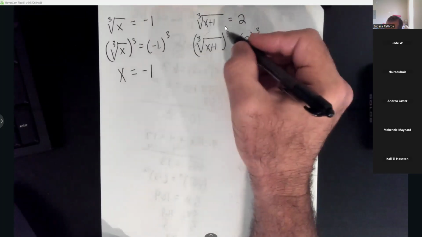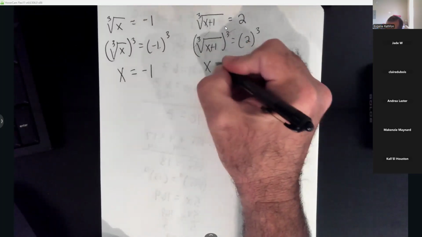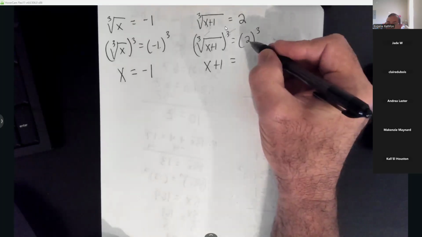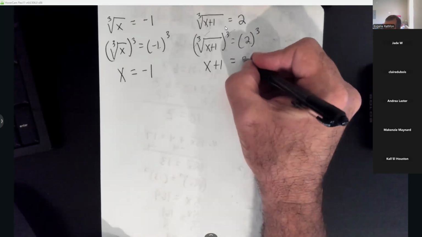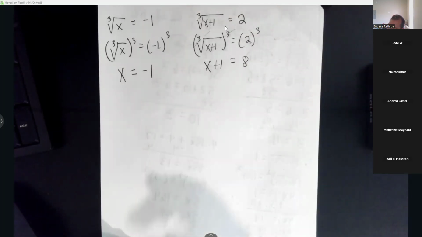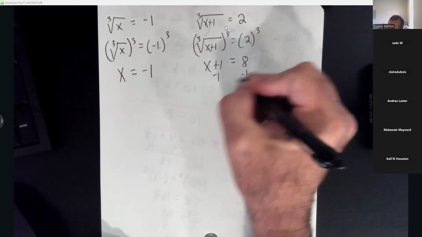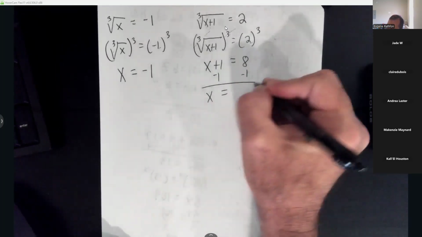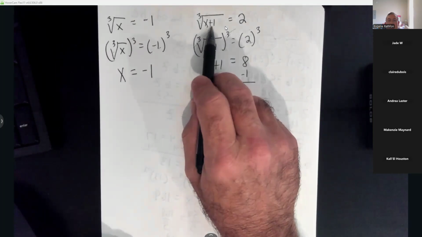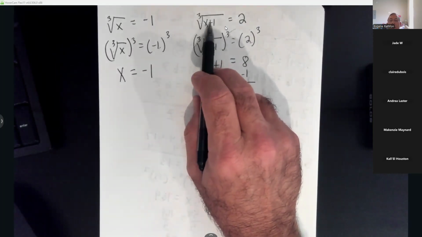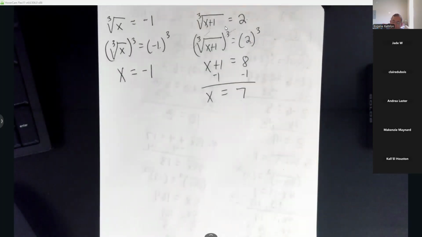All right, so that radical cancels that exponent, giving me an x plus 1. 2 times 2 times 2 is 8. And y'all, my last step, subtract 1 from both sides. And then 8 minus 1 is 7. So if you put a 7 in here, 7 plus 1 is 8. Cube root of 8 is 2.